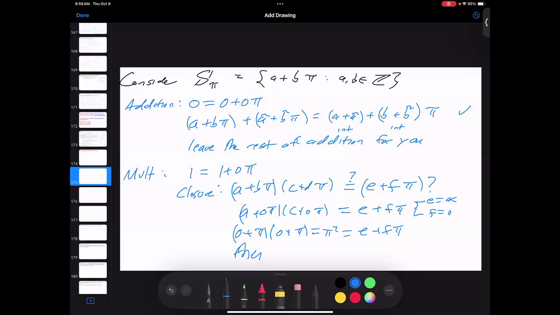Then what can you deduce from this? F must be pi, it's the rational number, or it's some integer. I'm sorry? F would have to be pi, and E would be 0. Right, so how do you know that? How do you know that there's no E and F that work?